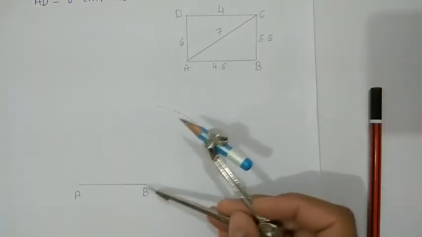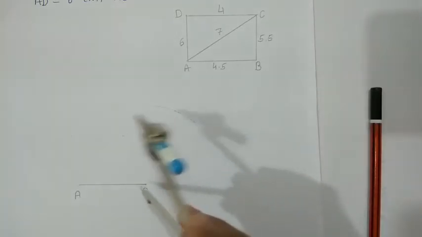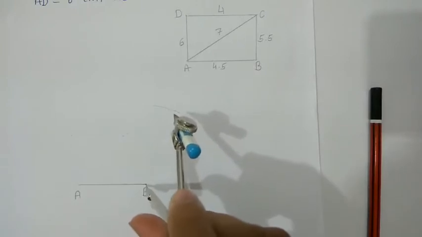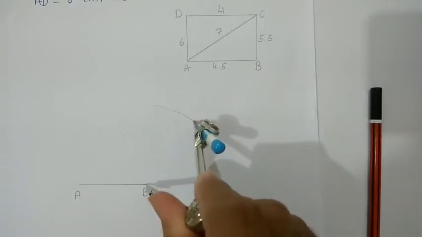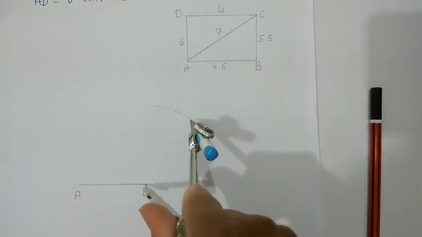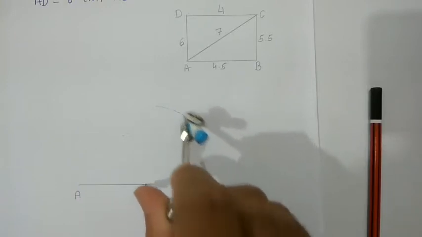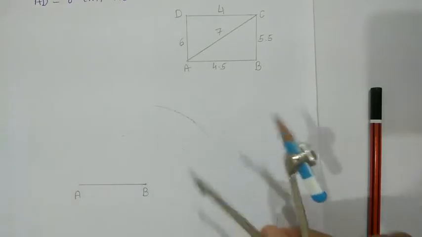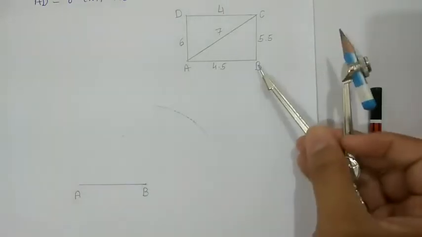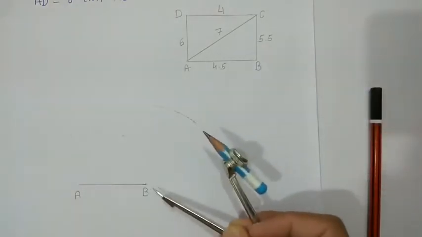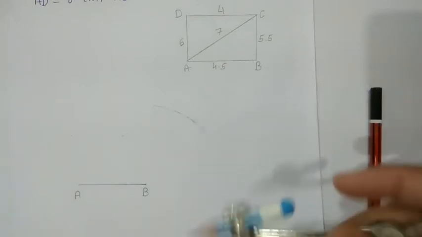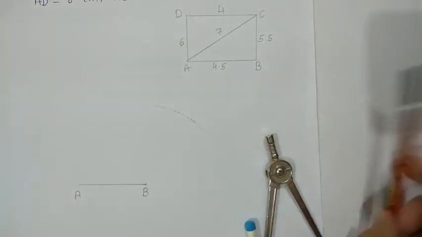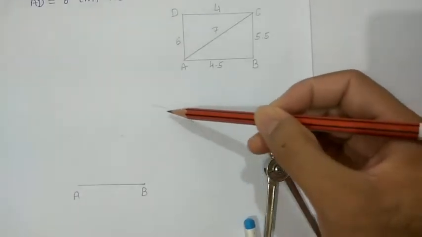So now our C point may be anywhere on the circumference of this circle, because all the points on this arc are at equal distance, 5.5 centimeter, from the B point, right? Now how to fix that point, where it will be located, here, here, we don't know.